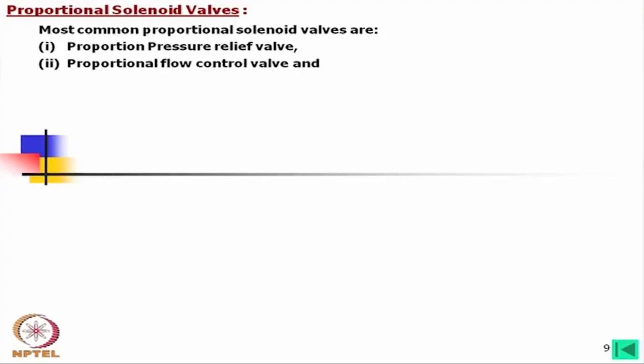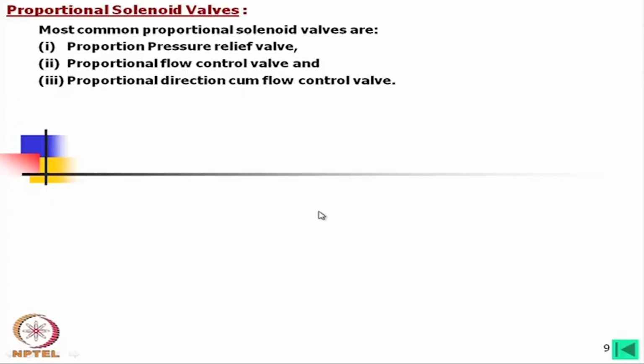Secondly, the proportional flow control valve, and thirdly, the proportional direction cum flow control valve. What is proportional direction control? We are controlling the direction with a controlled flow, that is, in some proportion, not the full flow, which is why the term proportional.